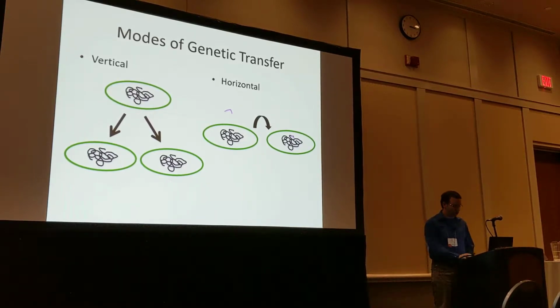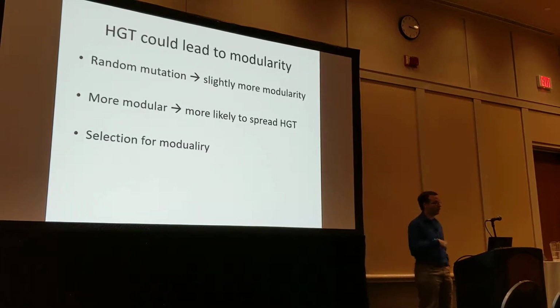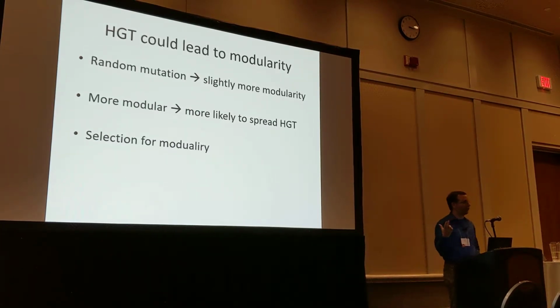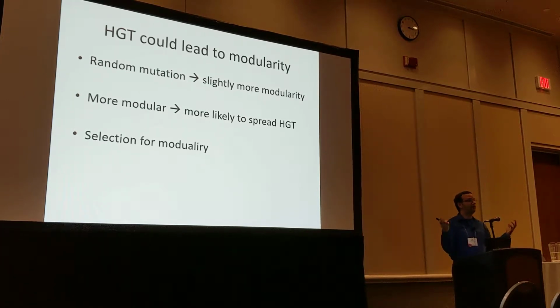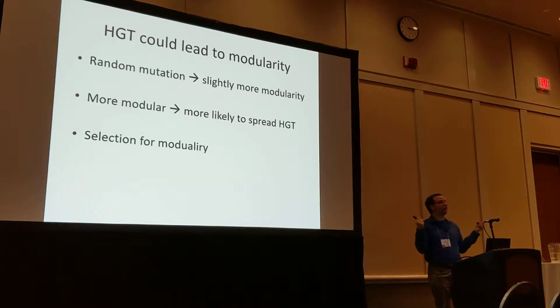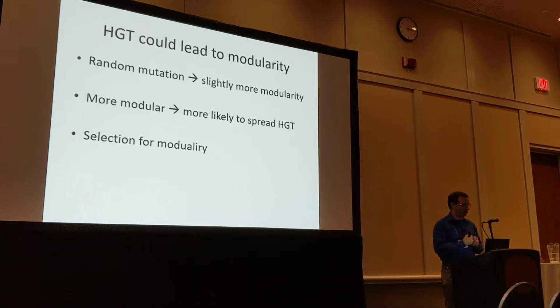And horizontal gene transfer has the possibility of leading directly to modularity. So some random mutation makes this genome slightly more modular by bringing the pieces of it into separate places, or bringing those separate pieces that are part of an overall pathway closer together to each other.